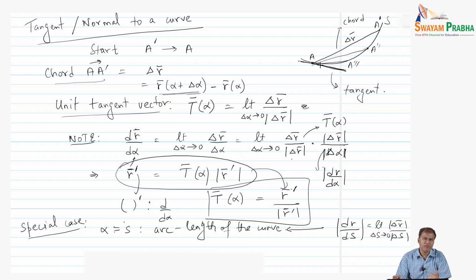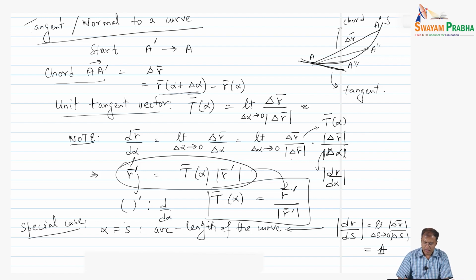But the length of the curve is nothing but delta S. It is the arc length. So this quantity is nothing but 1, because the magnitude of delta R is the same as delta S.